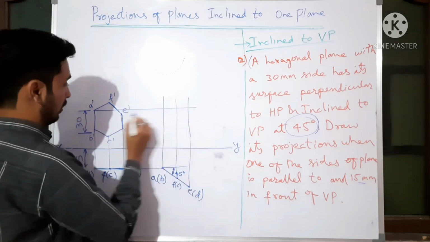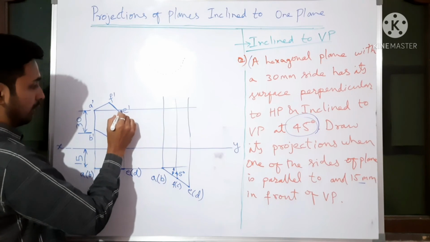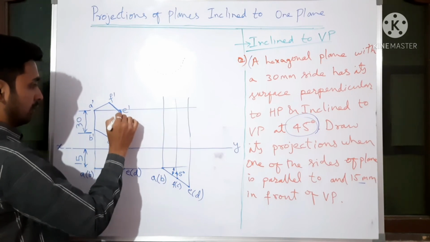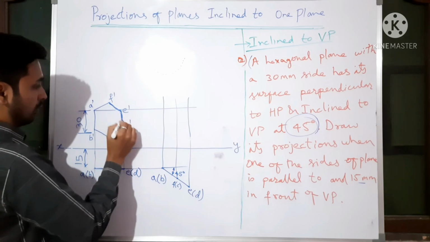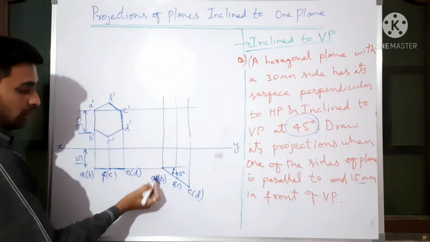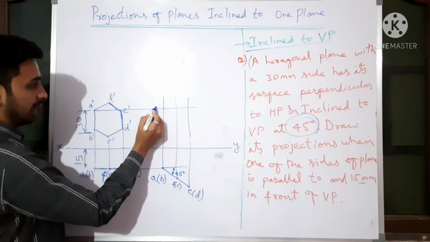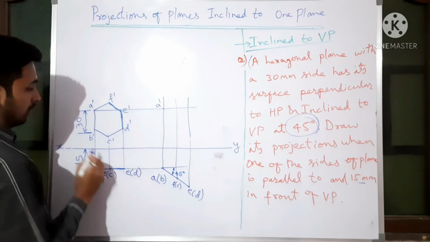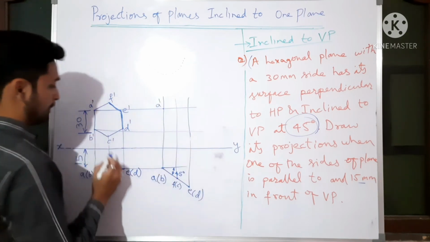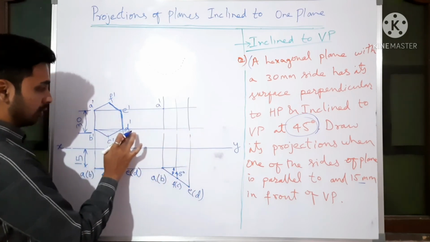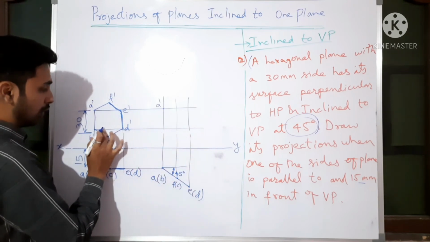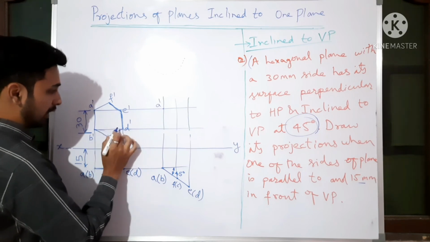A and E should be in one line if you are accurate. So A gives you point A dash. B and D will be in one line if we are accurate. As I am not using any drawing instrument, a little error is coming.